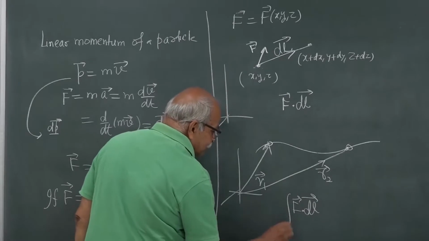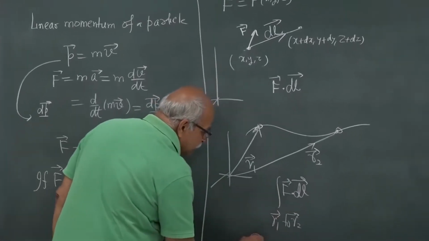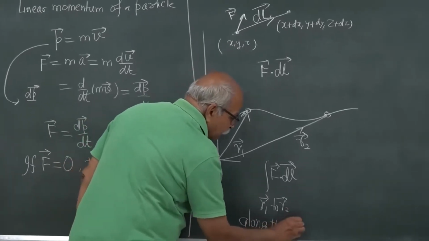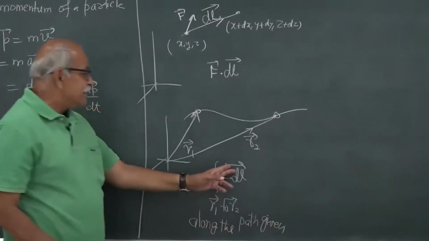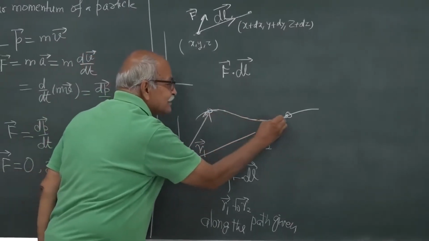from r1 to r2 along the path given. Because I have to take this dl, then this dl, then this dl, and so on along that path.